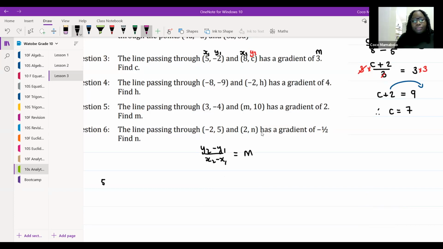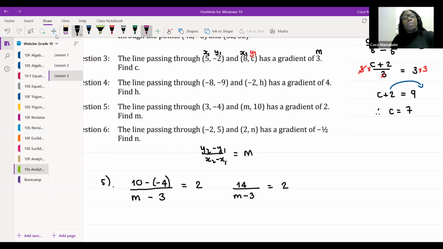All right. Number 5. Now we know my y1 is equal to 10 minus -4 over m minus 3. I almost wrote plus. Minus 3 is equal to 2. Right, let's clean it up a little bit. That's going to be 10 plus 4, which is going to give me 14 over m minus 3 is equal to 2.